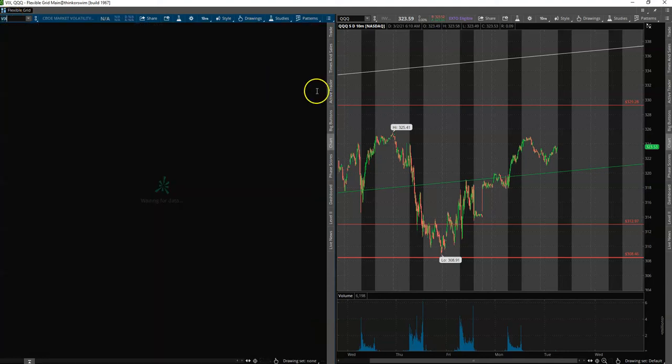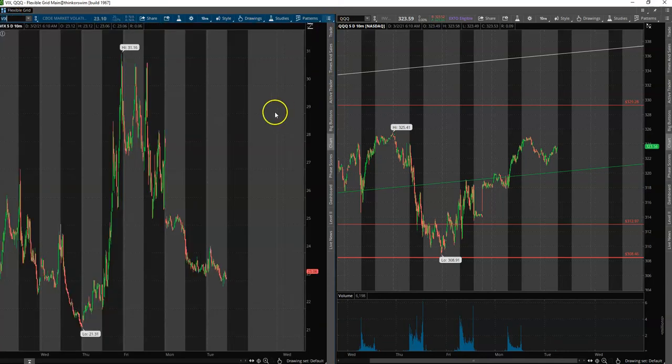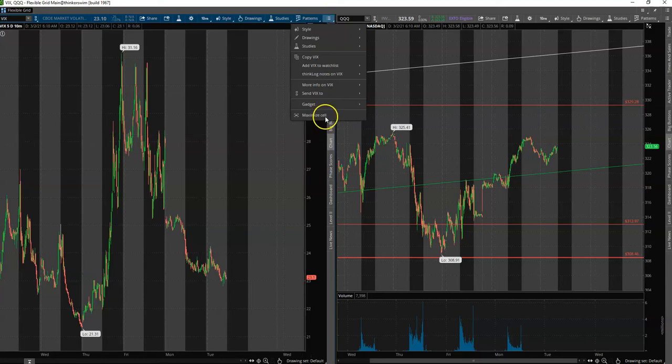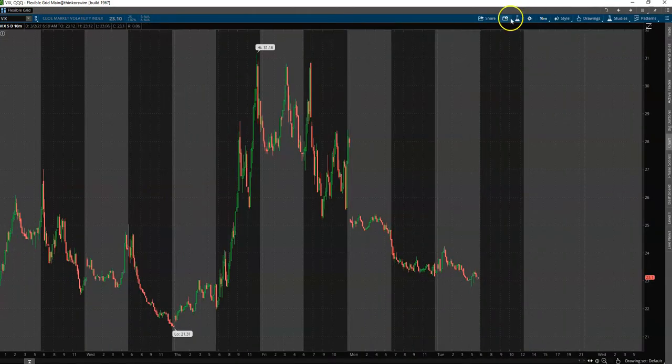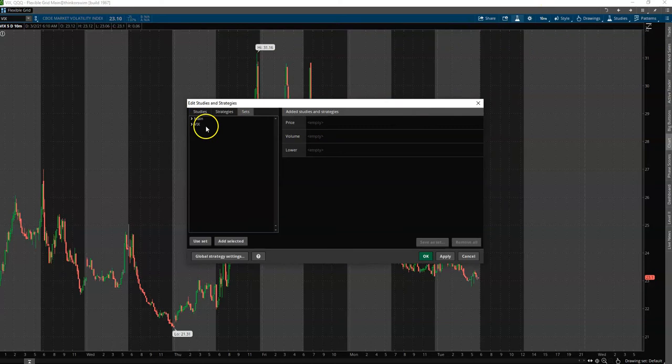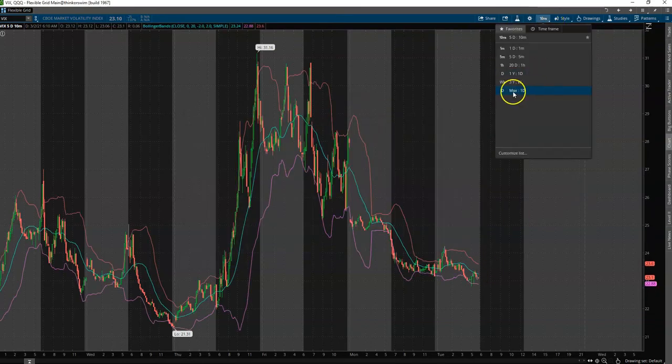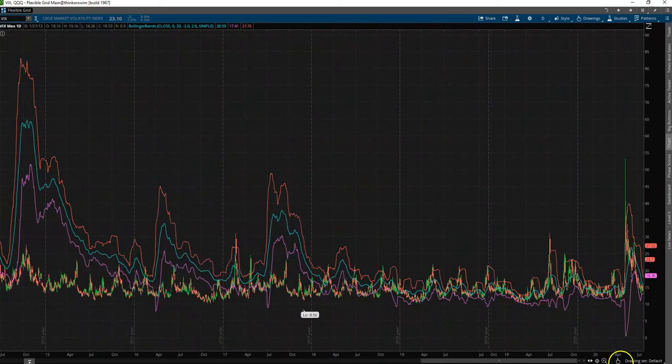Let me flip over here and go to the VIX, see what we're looking like here. The last couple of days we got some movement, but we'll take a look here and see how we're looking on a daily standpoint.